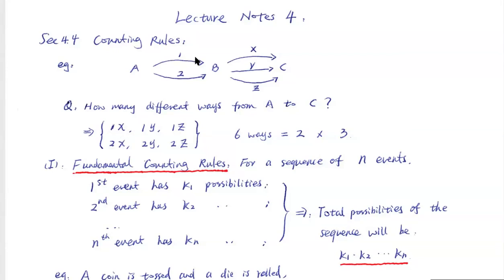We can take 1 and X, like using freeway 5 and then the other route, or using 2X, freeway 4 or 5, and then going to Temecula. So we can write down 1X, 1Y, 1Z, similarly 2X, 2Y, 2Z. Altogether, we have 6, right?